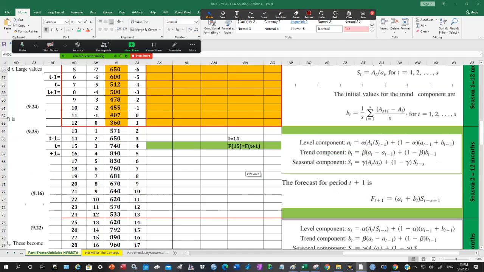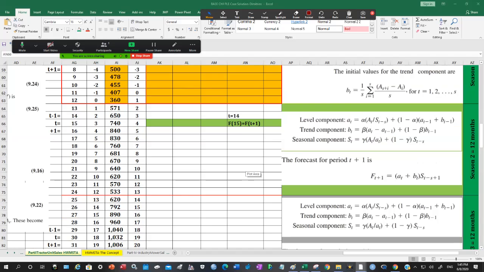Whatever we do in season 2, we do in other seasons as well. So here is season 2. And these formulas apply to season 2. Right? And in fact, I showed you how we find the forecast value.